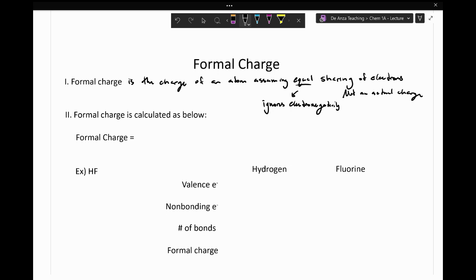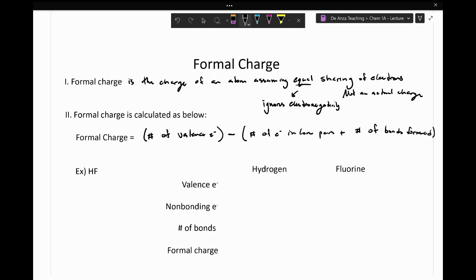And so the way that we calculate formal charge is by taking the number of valence electrons that atom typically has, so just for the base element, and we're going to subtract from that the number of electrons in lone pairs plus the number of bonds formed.